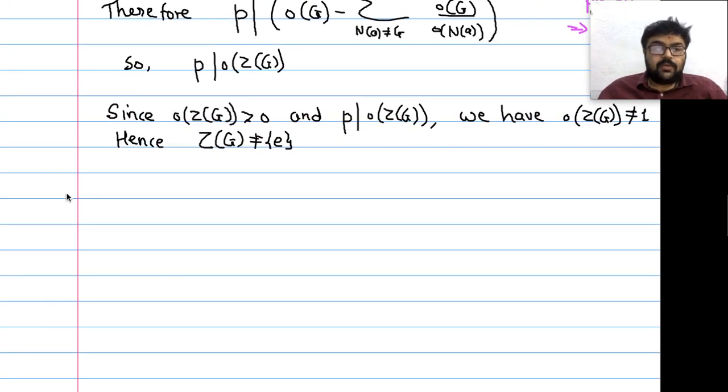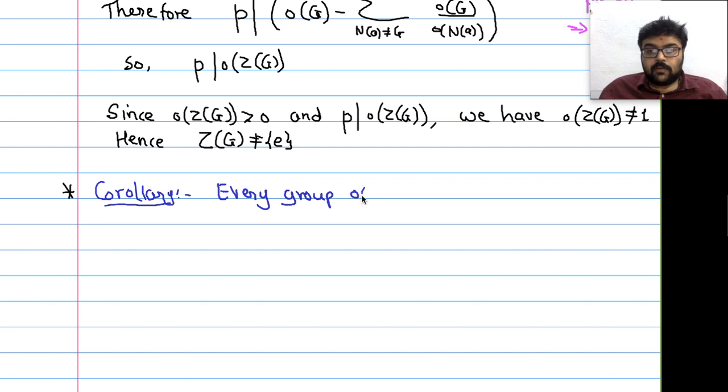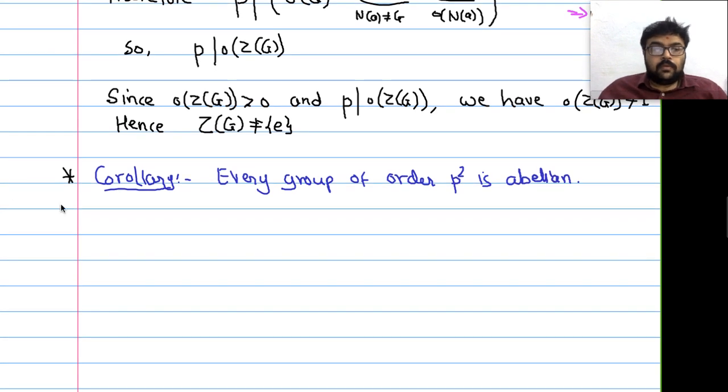Okay, so when this is done, as a corollary we have the first application: every group of order p square is abelian. Right?